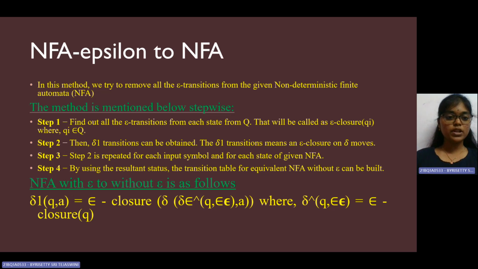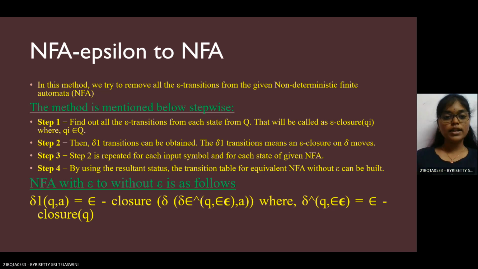NFA with epsilon to without epsilon is as follows. Delta 1 of Q, A, where Q is a state and A is the input alphabet. First, the epsilon closure of delta cap of Q1, epsilon, A. So the closure is obtained here.